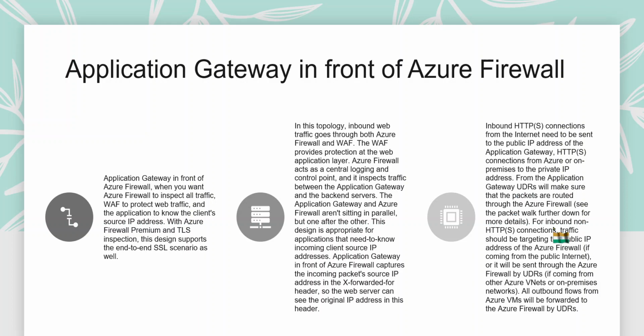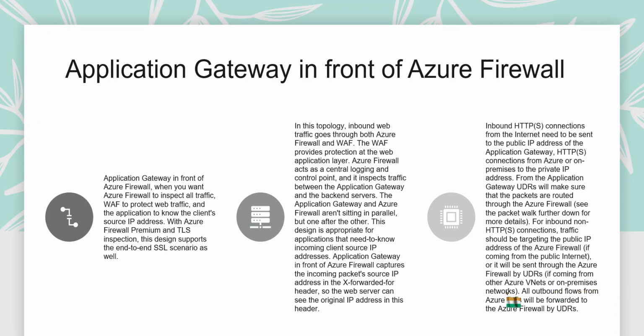And for inbound non-HTTPS traffic, it will be targeting the public IP address of Azure firewall coming from the public internet, and it will be sent through the Azure firewall using the user-defined routes.